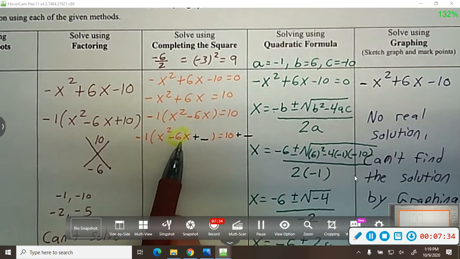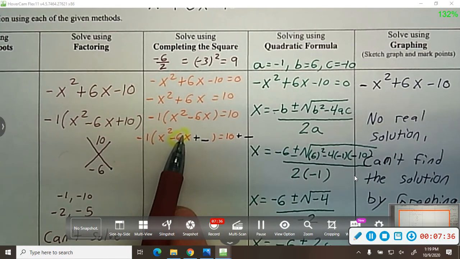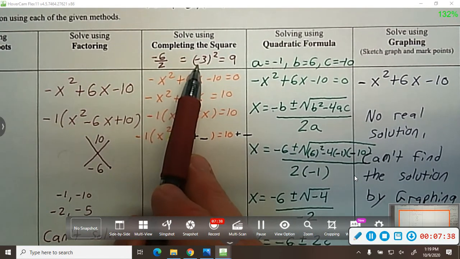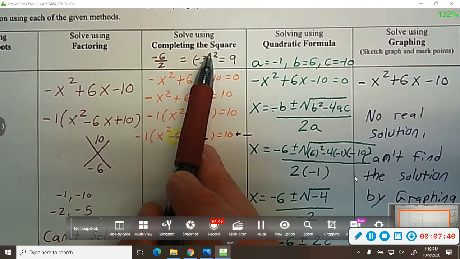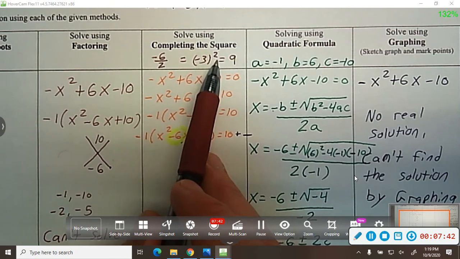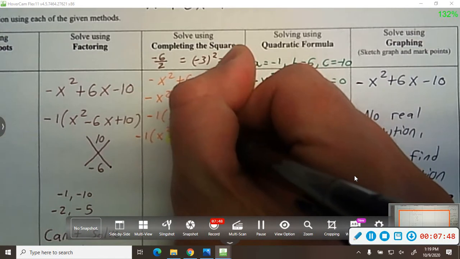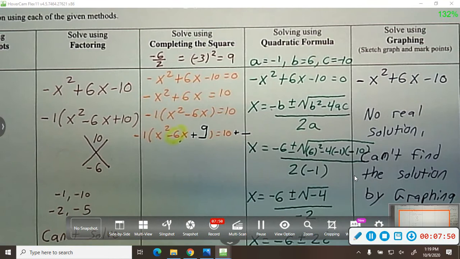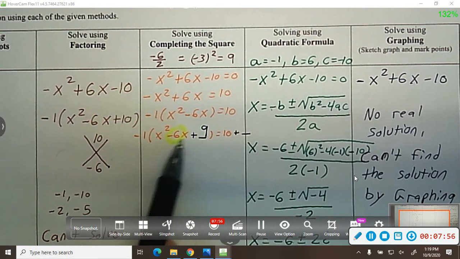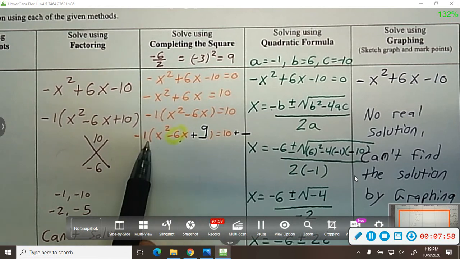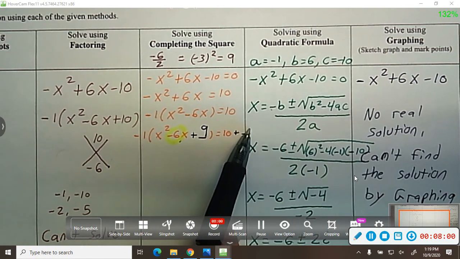So 9 is what we would call the number we need to add right here to complete the square. Now I can't just put 9 here because this is really 9 times negative 1. So we're going to put negative 9 right there.